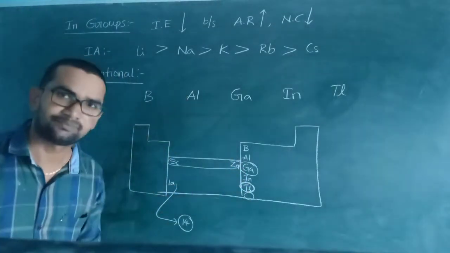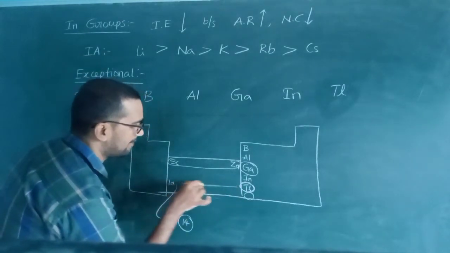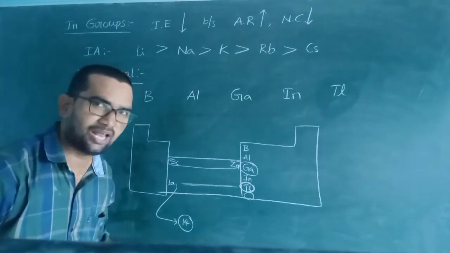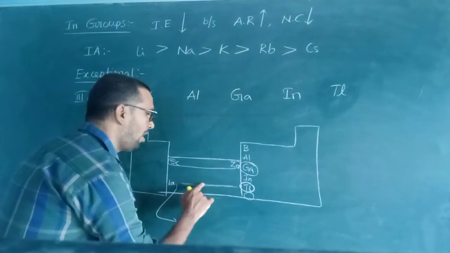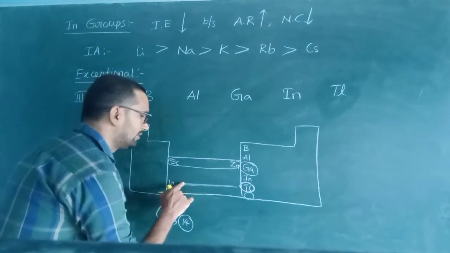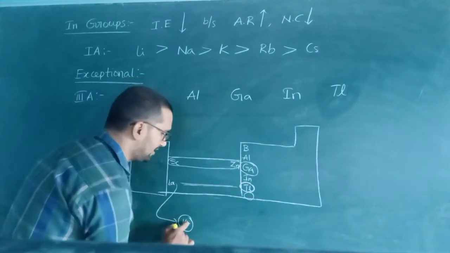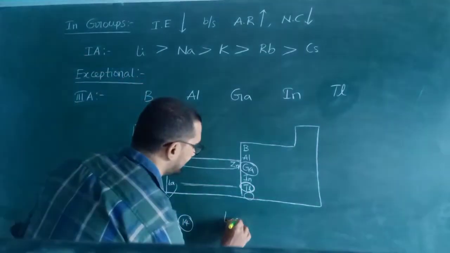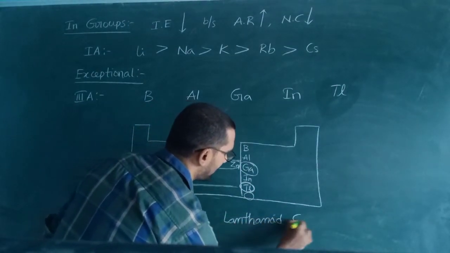Thallium is coming. So not only these d orbital elements, these lanthanides also present. These lanthanides affect the size of all these. After lanthanum, these elements and also these elements are affected by these lanthanides. That is called lanthanoid contraction.